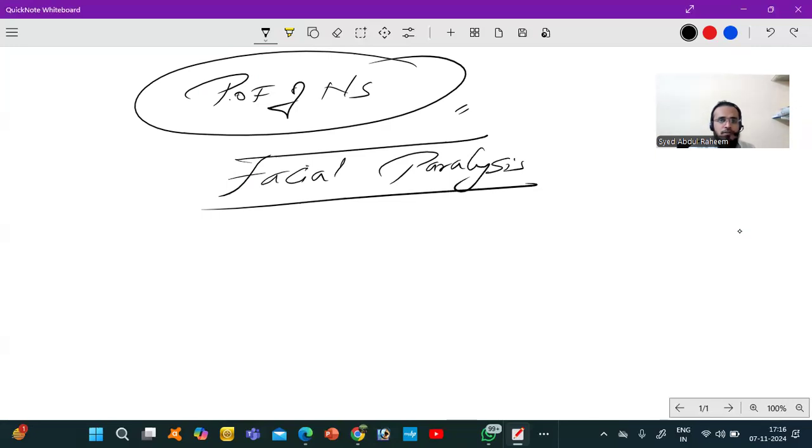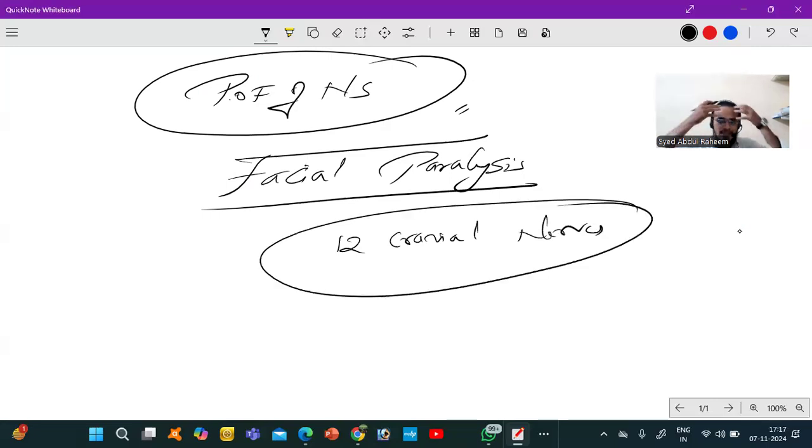Okay, so facial paralysis, we know that we have 12 cranial nerves. The 12 cranial nerves are existing from the cranium, so that is the reason we call them cranial nerves.